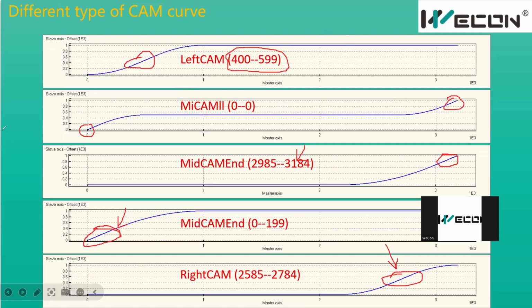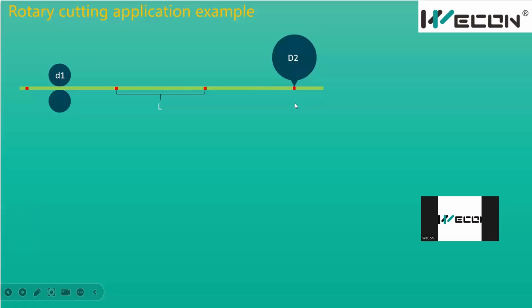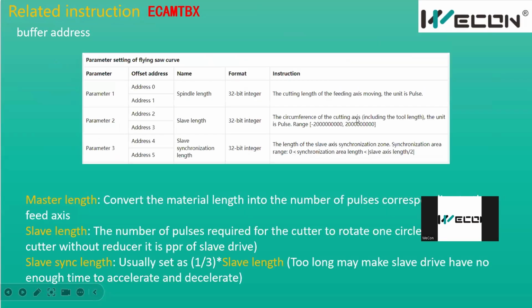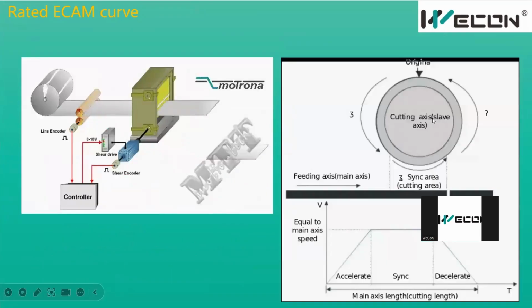Okay. For example, if your cutter is like this, the zero position is on the top.